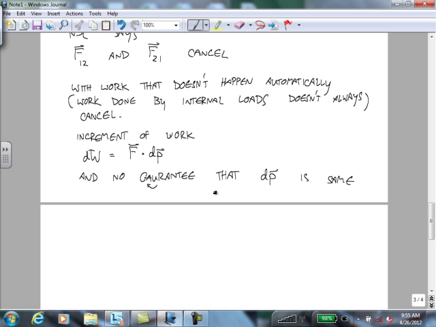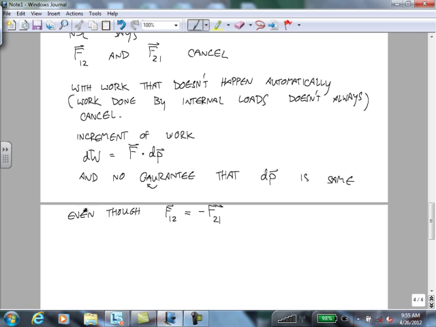So even though F12 has to be equal and opposite to F21, okay, if you have this F12 times some increment of position change, and you have the negative F12 dotted with some totally random change in position, those two work quantities aren't going to add up to zero.